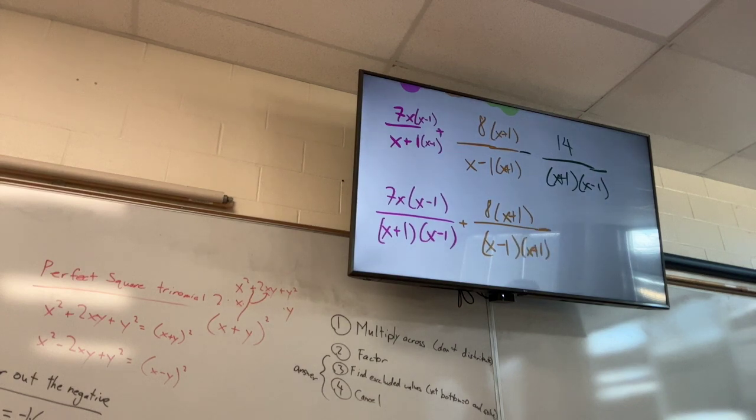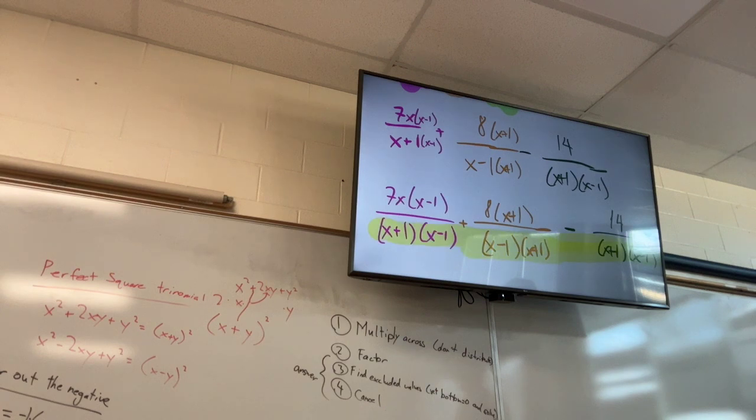Is the green missing anything that the other two have? It's not. It's not missing anything, right? Do we see how it's not missing anything? Okay. So look, these all have the same denominator.